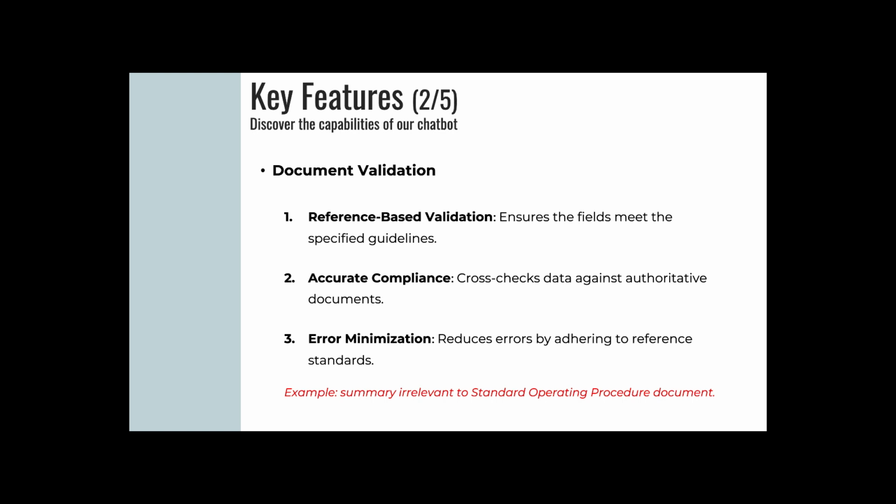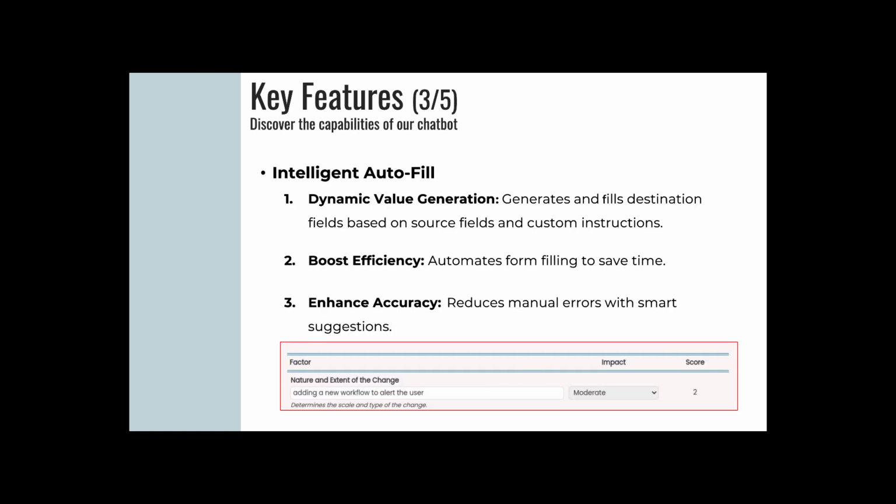And the next key feature is intelligent autofill. It basically generates a value for the destination field. I'm mentioning destination field because the nature and the extent of the change, the text that we entered in the text field, is called a source field, and the value that we generated is called the destination field.